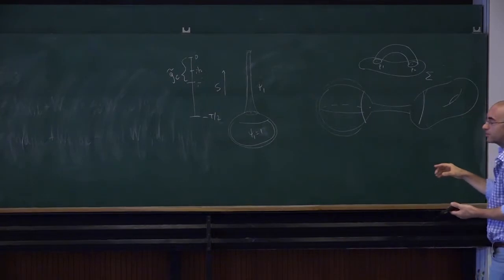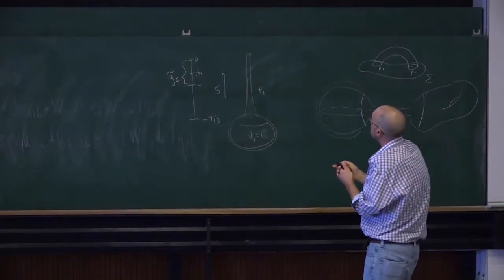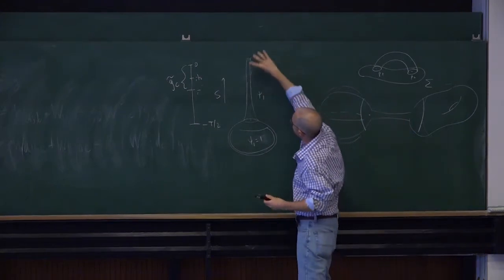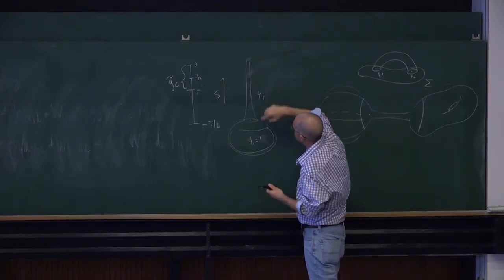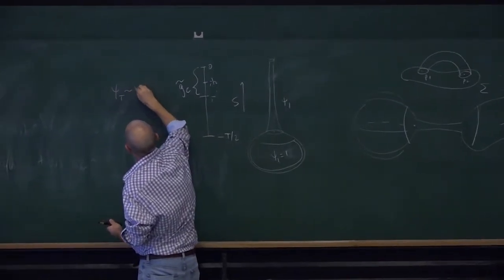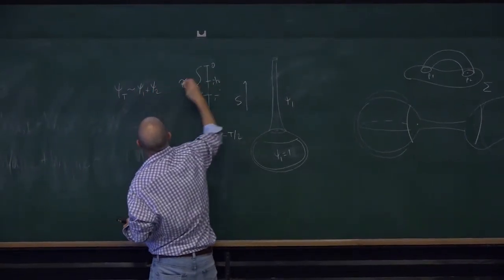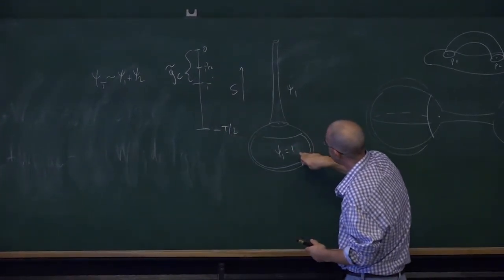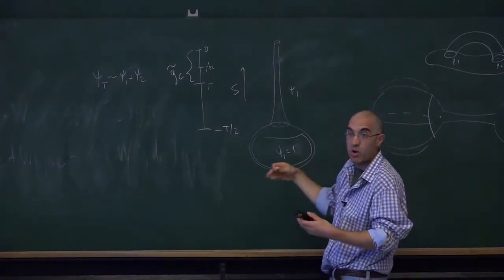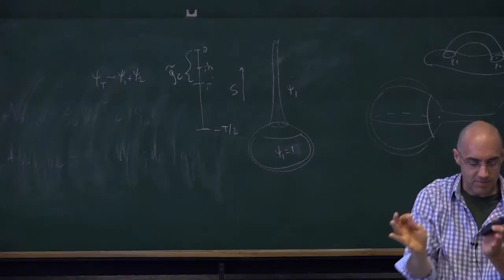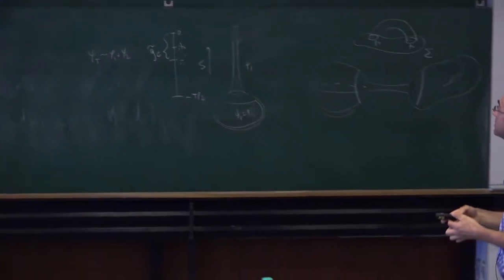So you take those conformal factors, and to produce the approximate solution, in the neck, you have the approximate solution, psi t, look like psi 1 plus psi 2 in the neck region. And then outside the neck region, psi t is roughly 1. Okay, so that won't change the data too much outside the neck.